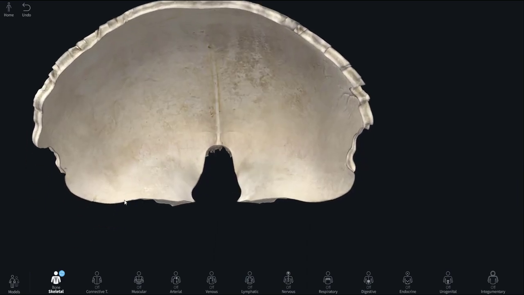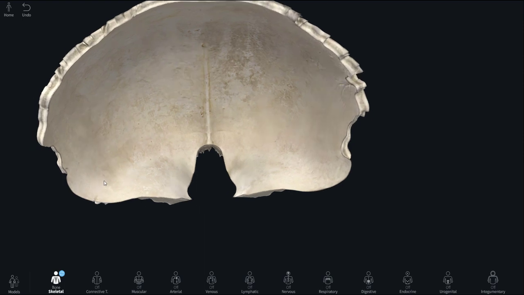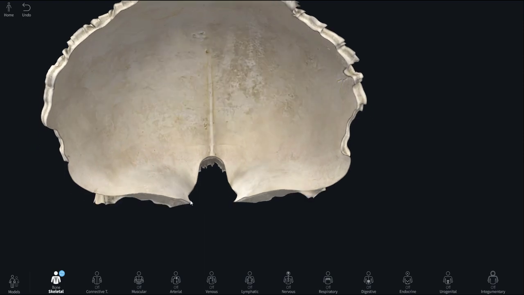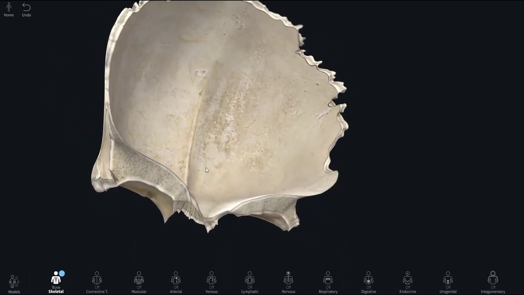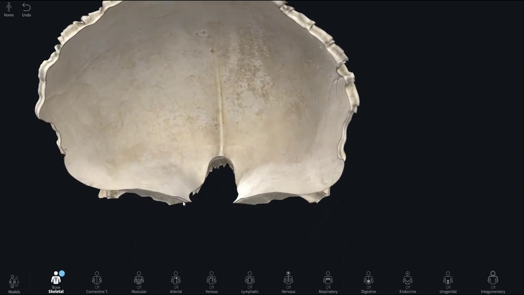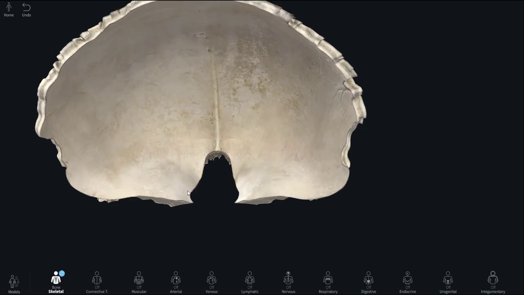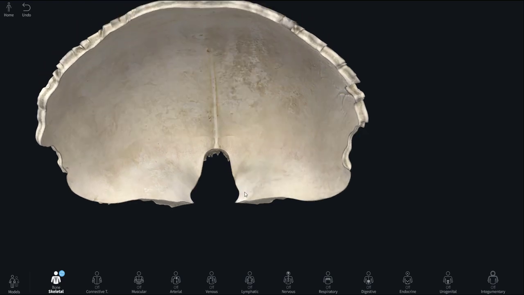The medial margin is over here. The medial margin is not really articulating; it is forming the boundary of the ethmoidal notch. Too easy, right?